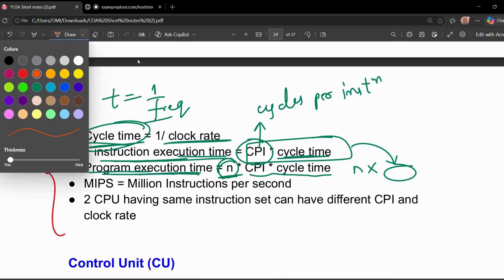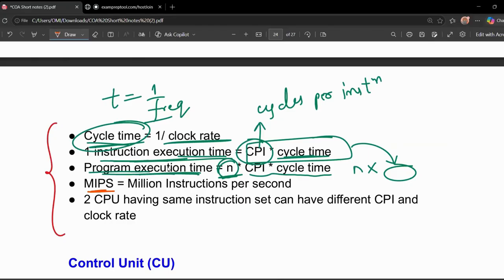Now what is MIPS? MIPS is million instructions per second. So this you have to just take. I think they are not PYQs, but you can consider this from the definition itself, from the full form itself. It is clear that a million instructions are executed per second.